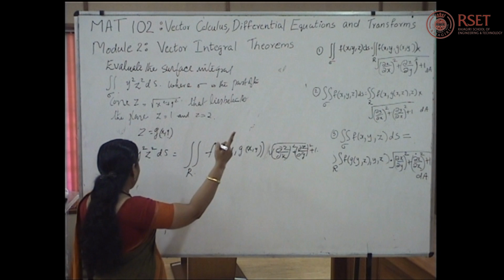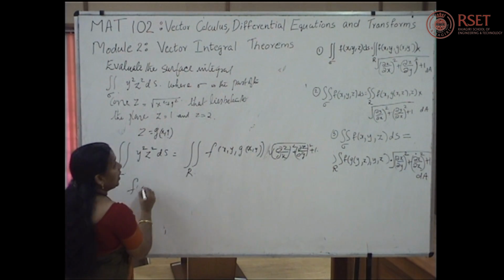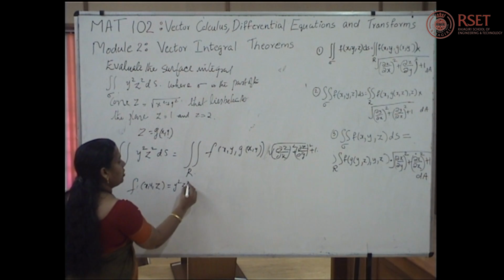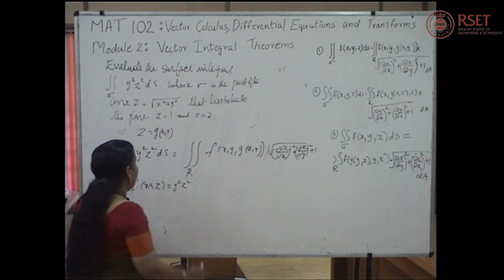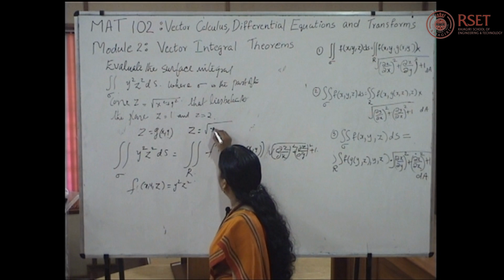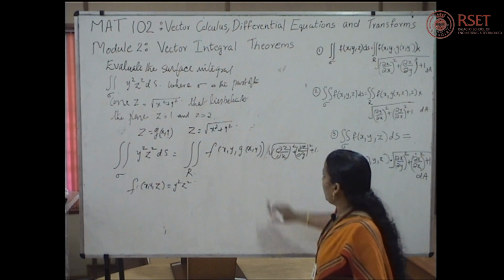Now comparing equation 1 with this integral, you can see f(x, y, z) = y² z², where z = square root of x² plus y², which is a cone.